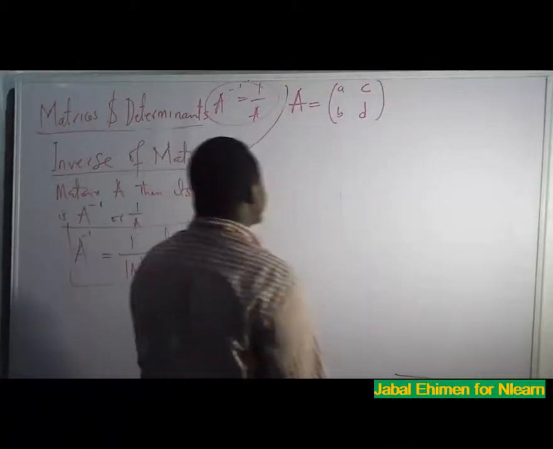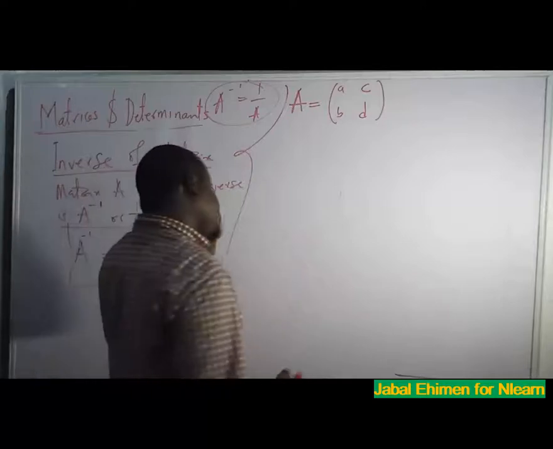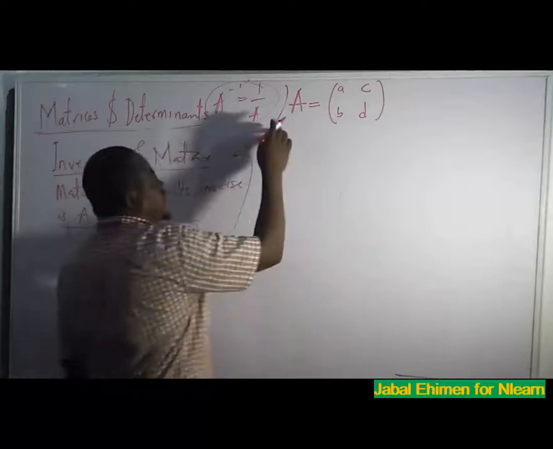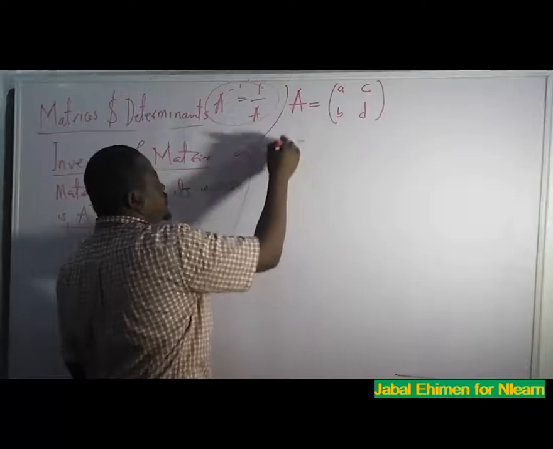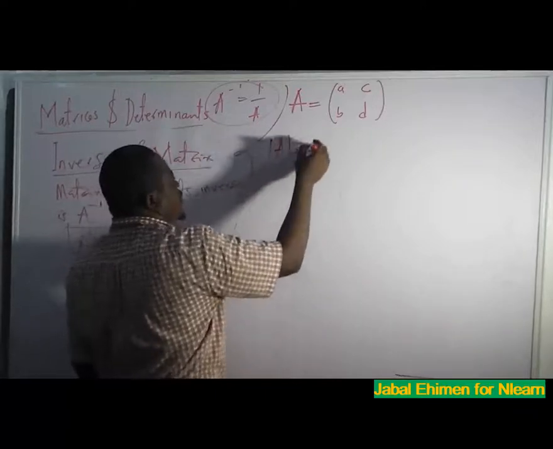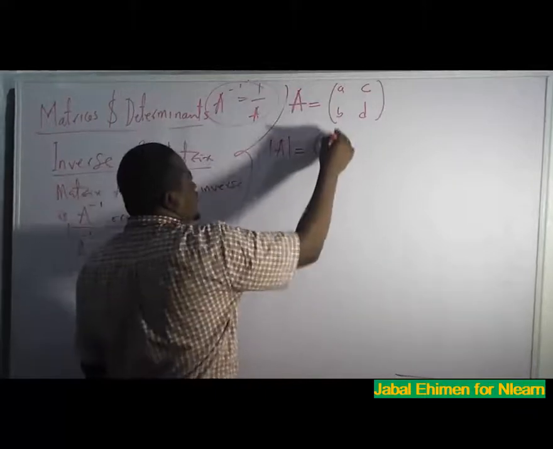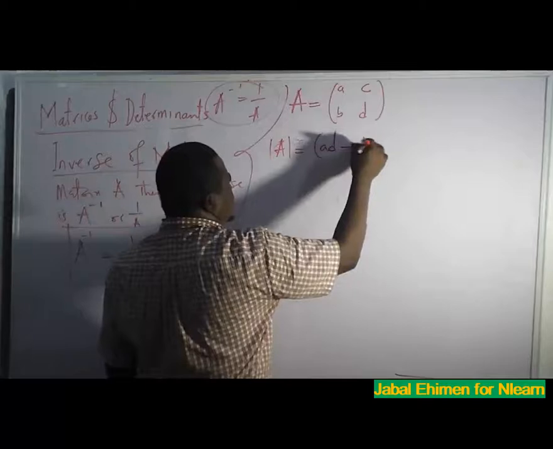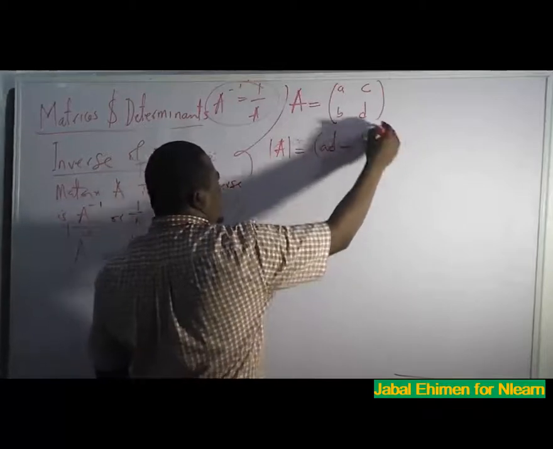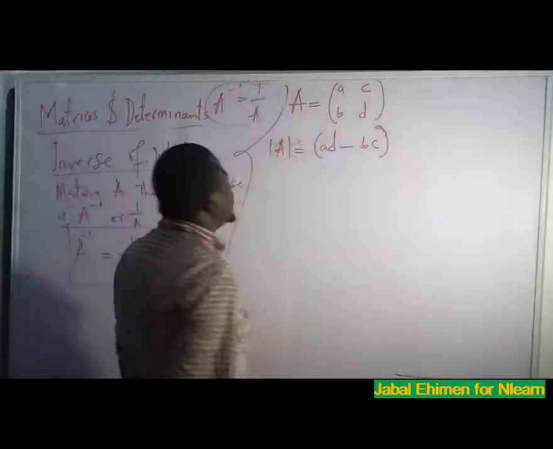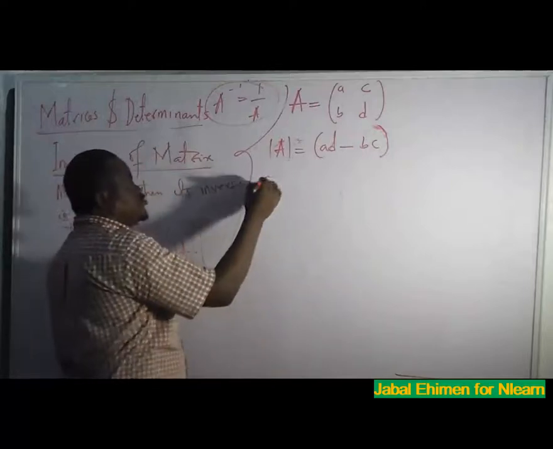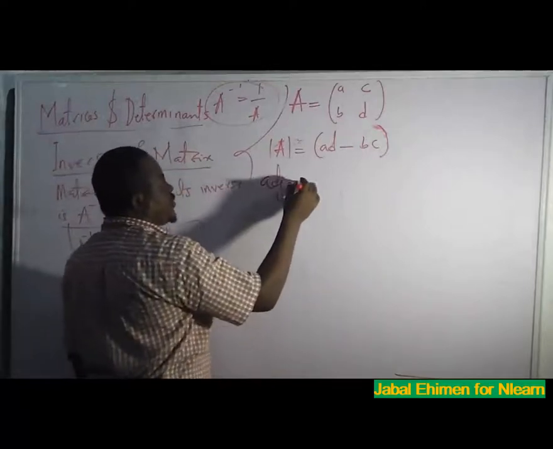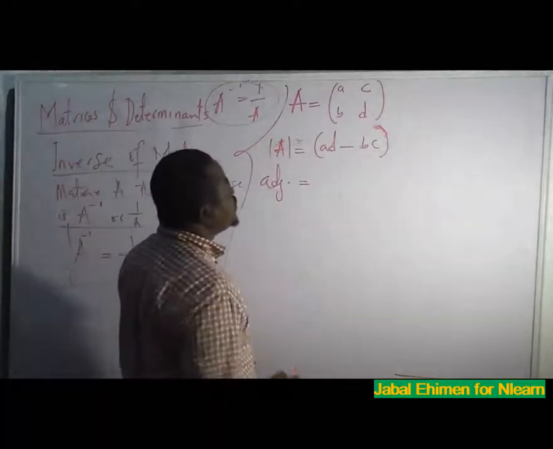If I have something of this nature, the determinant of this will be AD minus BC. You already know that. The adjoint of this will give me something of this nature.